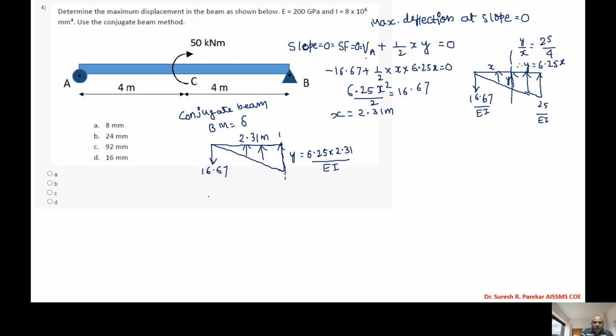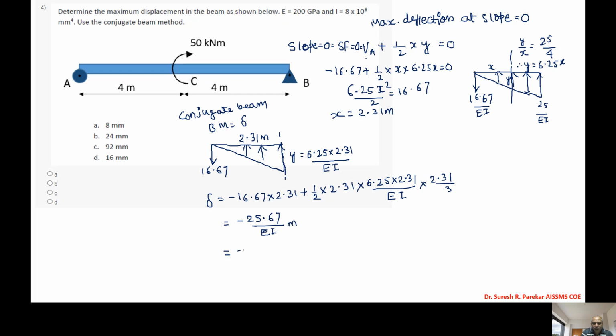And from this we get delta equal to minus 16.67 into 2.31 plus half into base 2.31 into height y, 6.25 into 2.31 upon EI, into centroid x by 3, and x is 2.31 upon 3. And from this we will get this value equal to minus 25.67 upon EI. This is in meters.